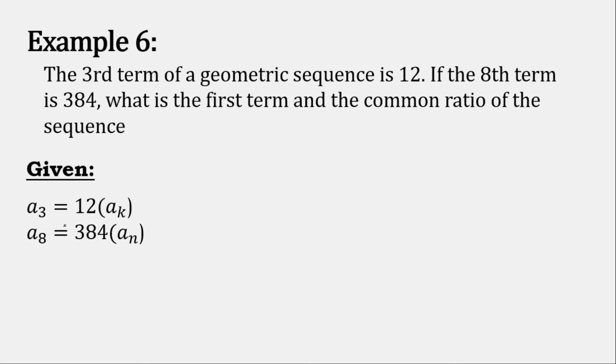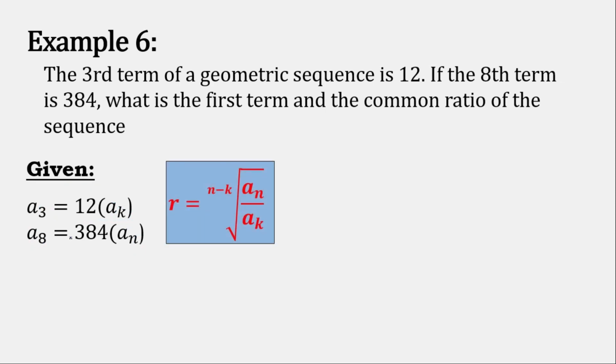So let's assign a sub k as the lowest term possible, that is a sub 3, and a sub n to the last term. Having known this, we know that the value of k is 3 and the value of n is 8. Now with that, you could use this formula.